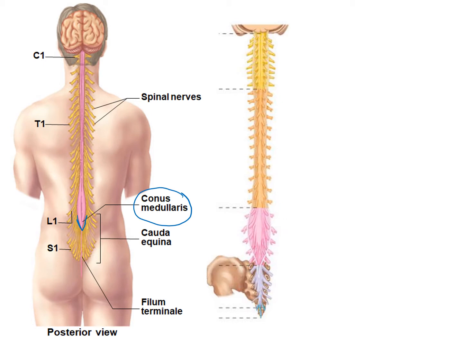Extending off of the very tip of the conus medullaris, there's a strand of fibrous connective tissue known as the filum terminale. And the filum terminale extends off the conus and attaches to the skeletal structure of the sacrum and coccyx, kind of anchoring the inferior end of the spinal cord so it's physically supported.